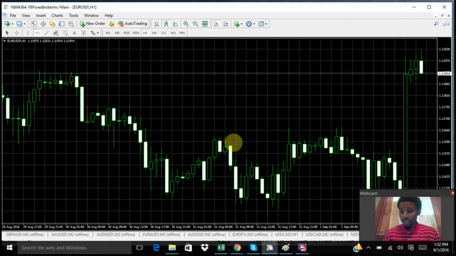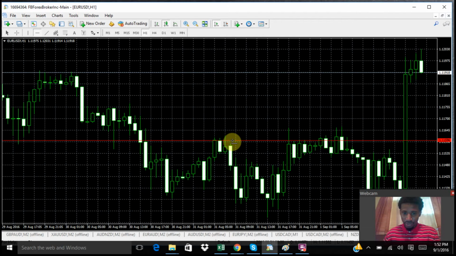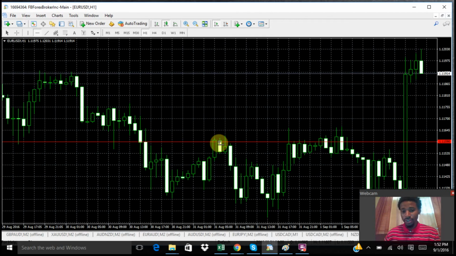As you can see right here, the market comes up here and starts to go down. It goes over again over here and starts to go down as well. So this becomes resistance. It's the top level that they can't break. It starts hitting resistance.